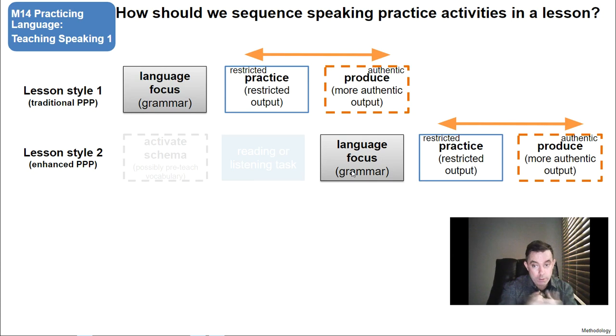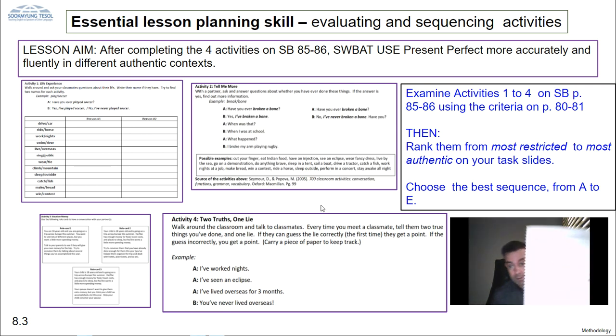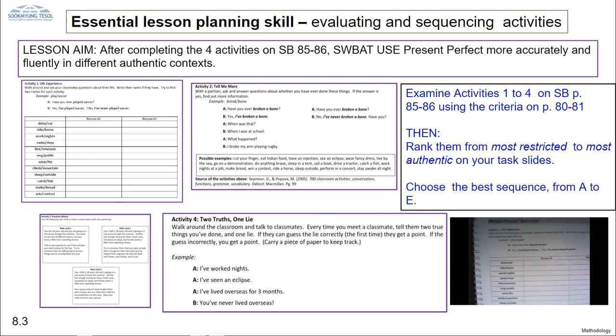You know, really, really controlled and restricted to less controlled and more authentic. Okay, so what you're going to do is look at some different activities in your student book, and you can see them on pages 85 and 86. I'll also walk you through each of them so you know kind of what they're about. Okay?